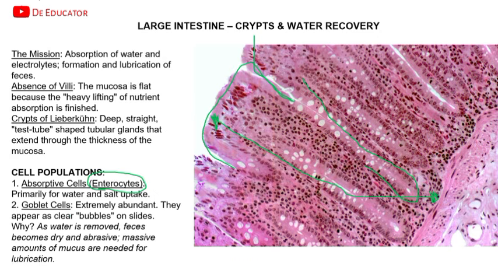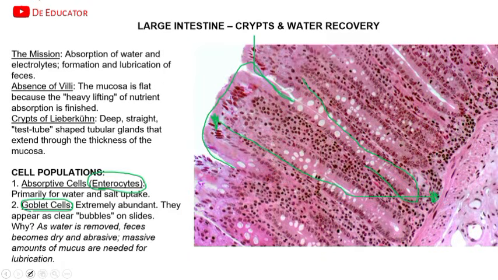Because as water is removed, feces becomes dry and abrasive, and massive amounts of mucus are needed for lubrication. If there is no mucus, the feces is not going to be lubricated, and passing stool is going to be a tug of war. So this lubrication is done by mucus secreted by the goblet cells. That's another population of cells you will see in the large intestine.